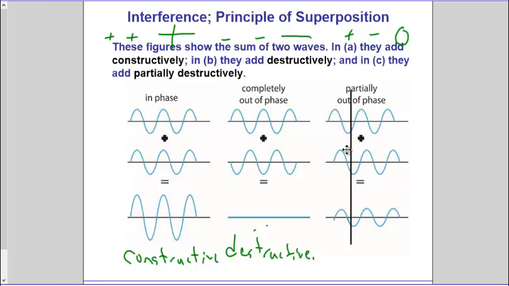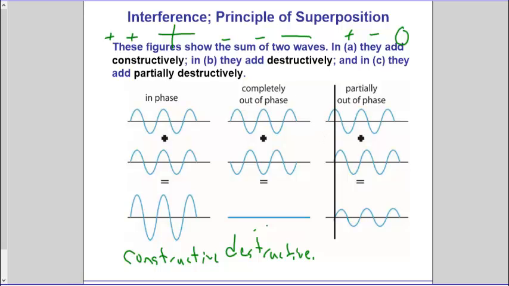And lastly, if these waves are out of phase by a little bit, out of sync by a quarter wave, so this is a quarter wave off of the other one, they will combine, they're partially out of phase. We're going to get not complete constructive interference or destructive. We could say that this is either partially constructive or partially destructive.